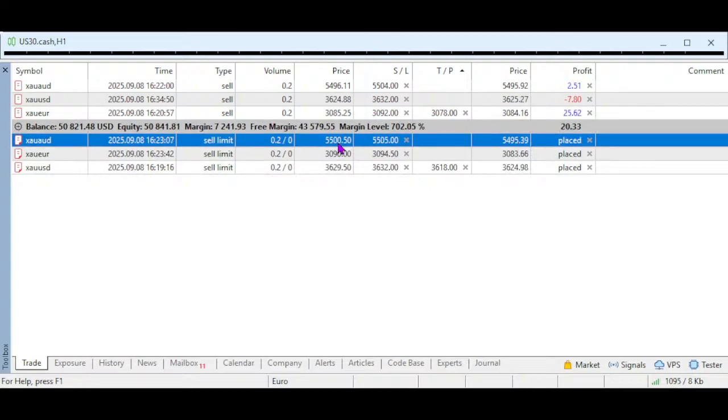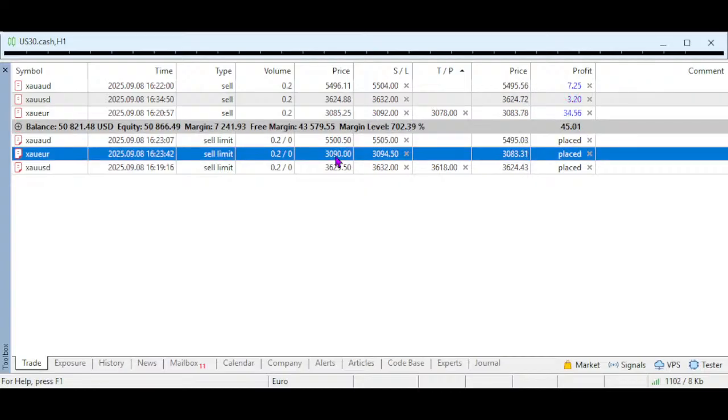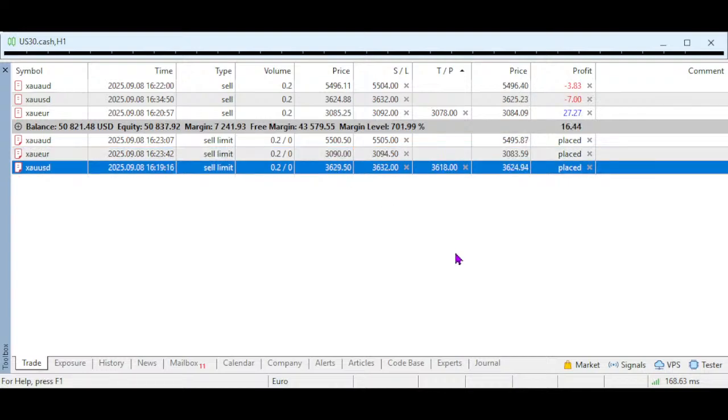We have a buffer entry at 5,500 for gold Aussie, then a buffer entry for gold Euro at 90, which we have put in about $5 away. Then a buffer entry for gold US at 29 half.